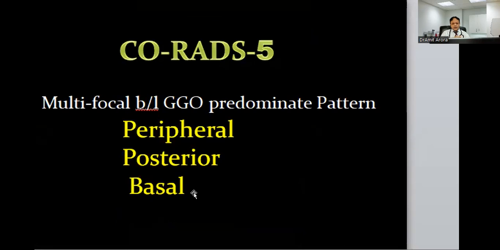There are multifocal ground glass opacities in CO-RADS 4, as you know. But the typical predominance in COVID is the peripheral area, posterior, and basal. If this predominance is seen, then we are very highly suspicious of COVID pneumonia.